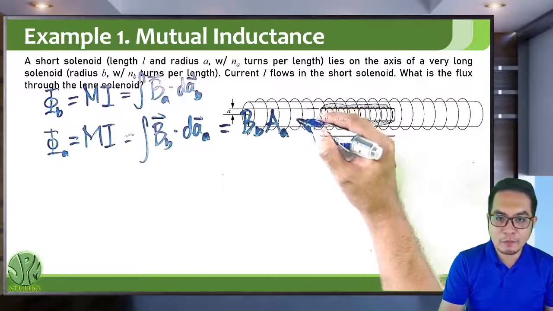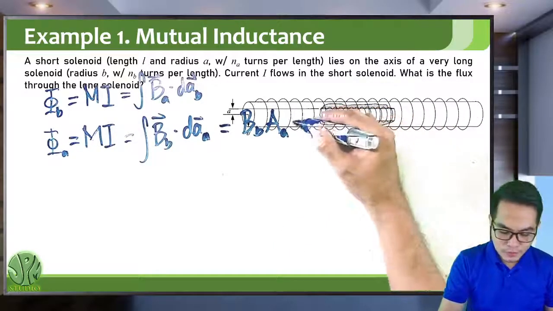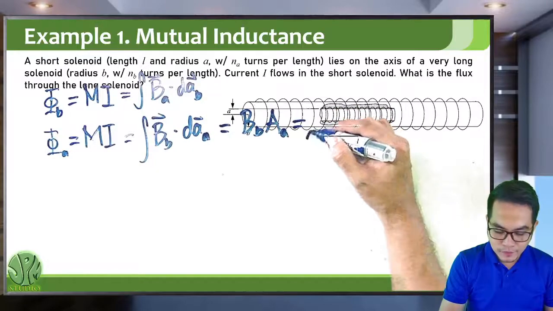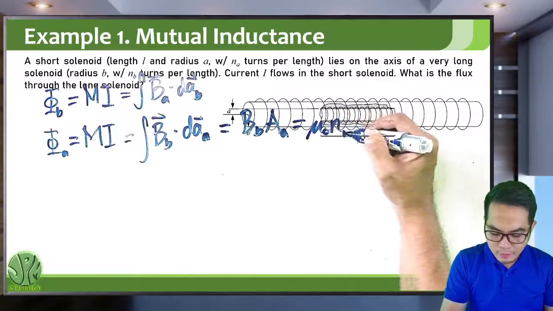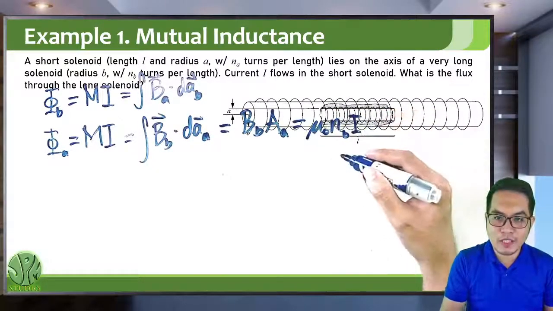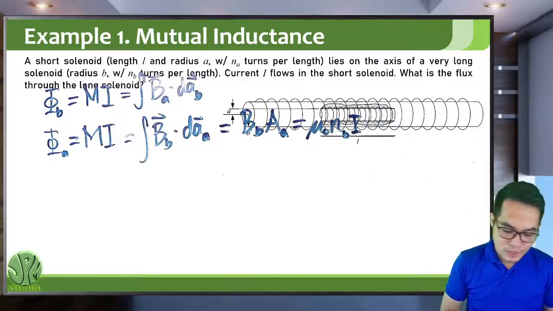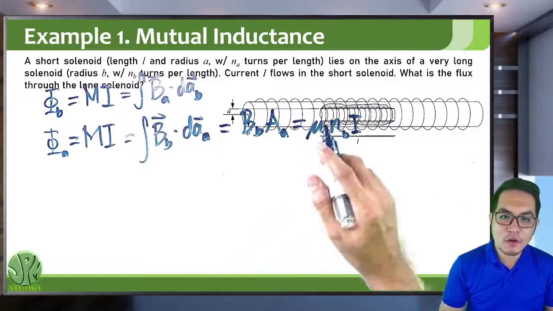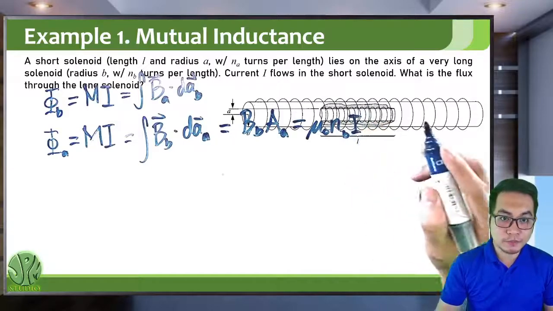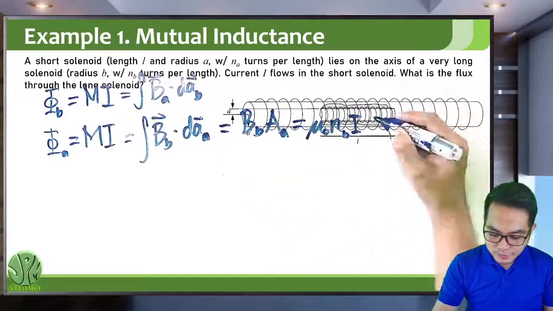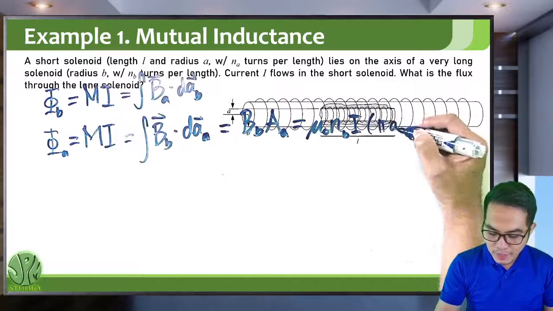The magnetic field of B inside is uniform. So the magnetic field of a solenoid is mu naught n_b times I, assuming the current I flows through the long solenoid. The cross-sectional area of the short solenoid has radius a, so its area is pi a squared.